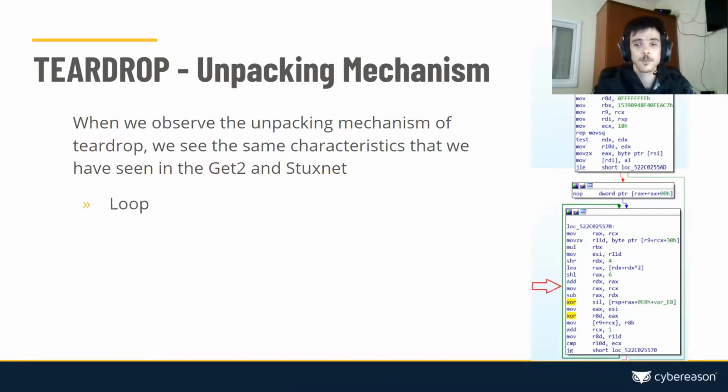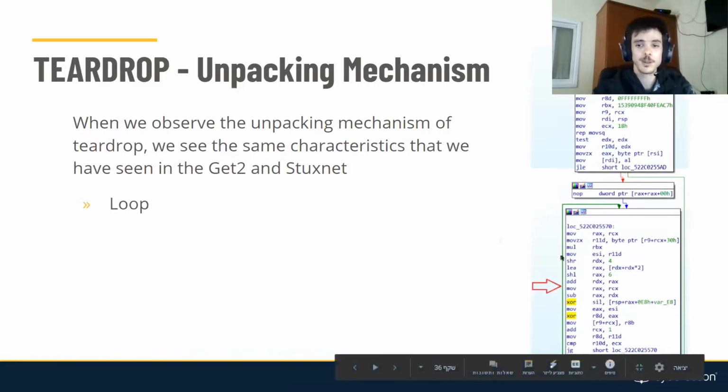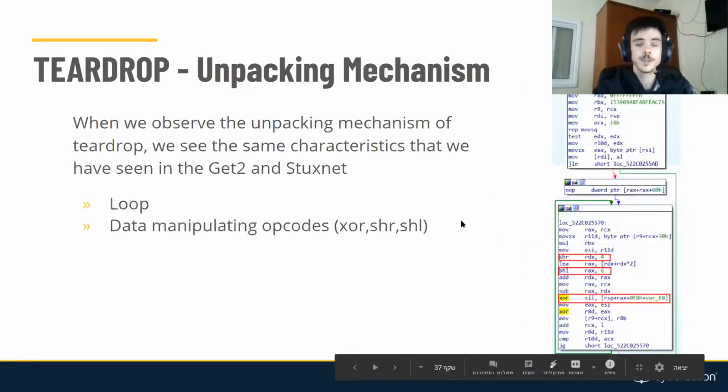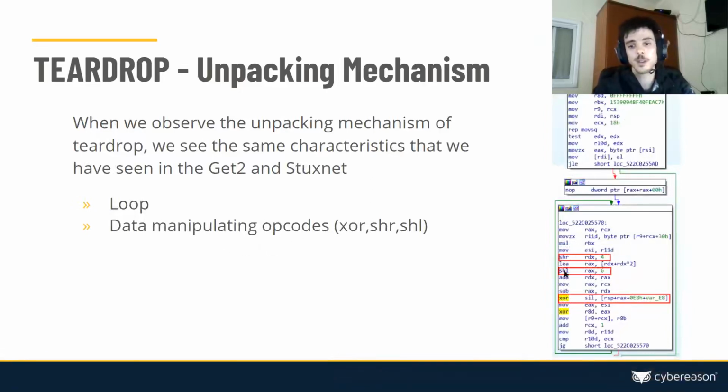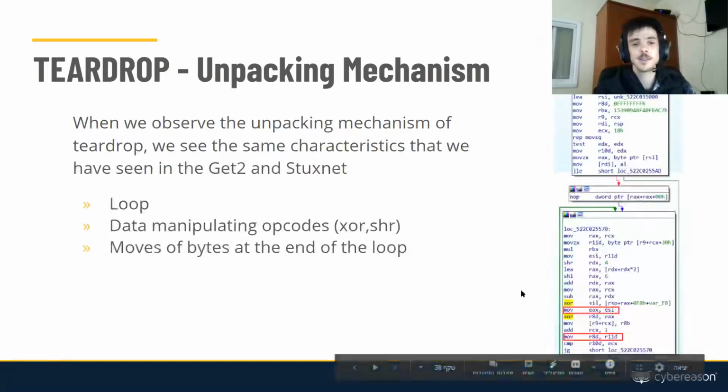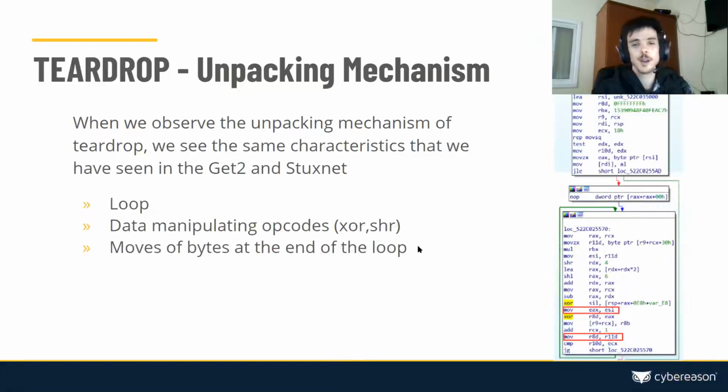First of all, it has a loop here. Second, it has the data manipulation opcodes: shift right, shift left, and XOR. And at the end of the loop, there are moves of bytes. So it's kind of interesting because it's been a decade from Stuxnet to Teardrop, but the concepts are actually the same.